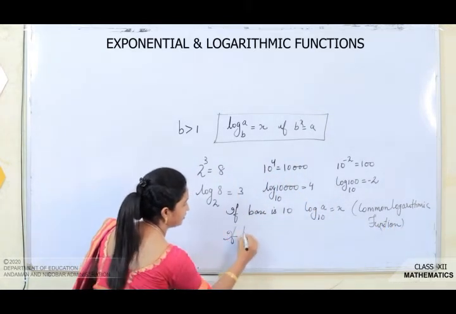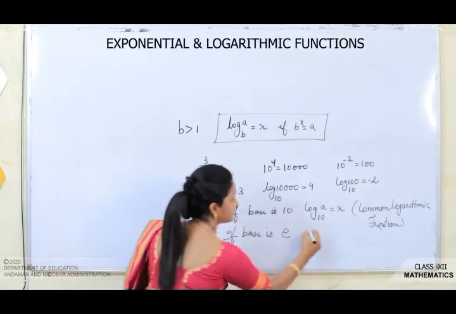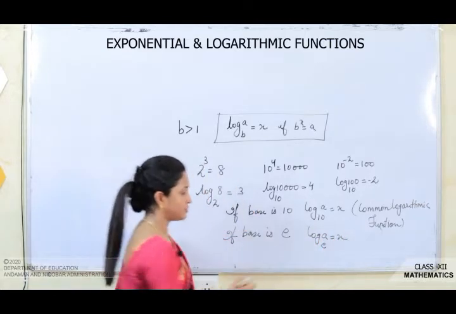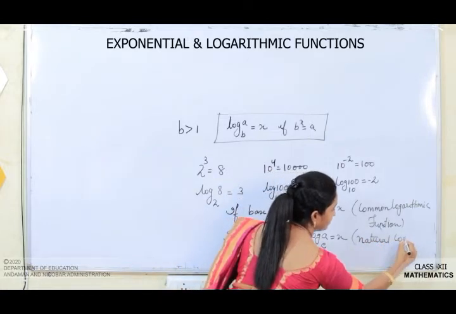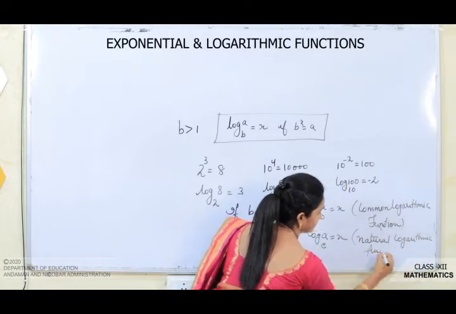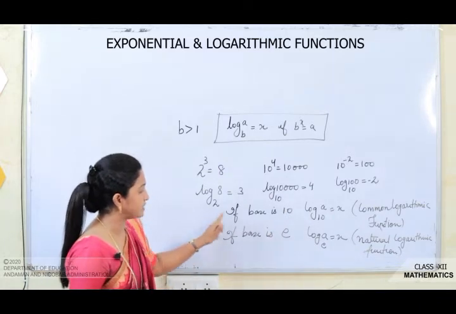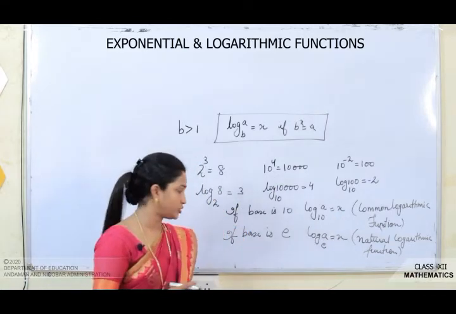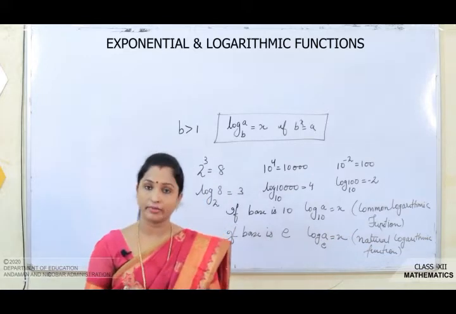If the base is e, that means log a to the base e is equal to x, this is called your natural logarithmic function. So these are two very important parts: if the base is 10, it is called the common logarithmic function, and if the base is e, it is the natural logarithmic function.